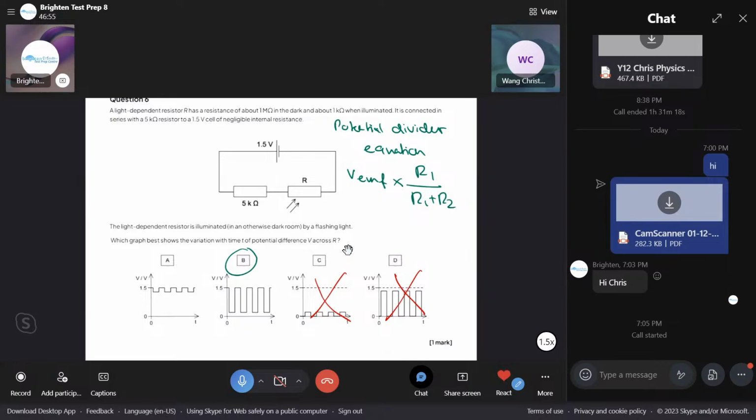So that would be important to mention. R1, and this is R2, is the fixed one. So it's the ratio of the variable one compared to the sum of both resistances.